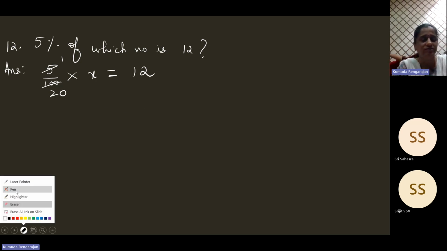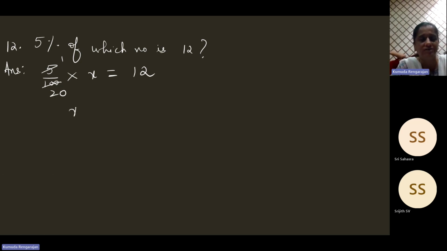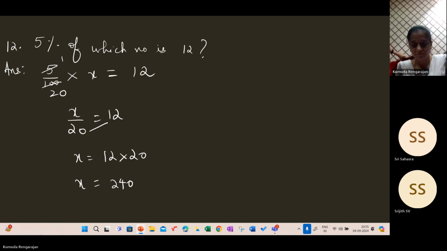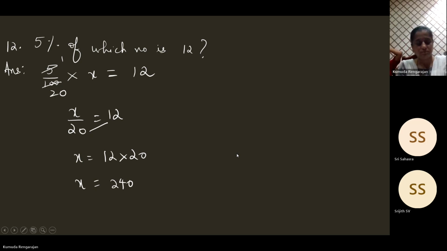X by 20 is equal to 12. Cross multiply. X is equal to 12 into 20. X is equal to 240. Correct? Yeah.